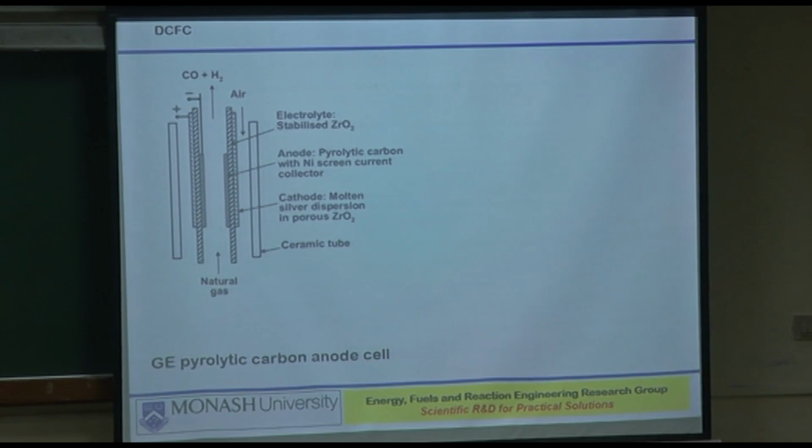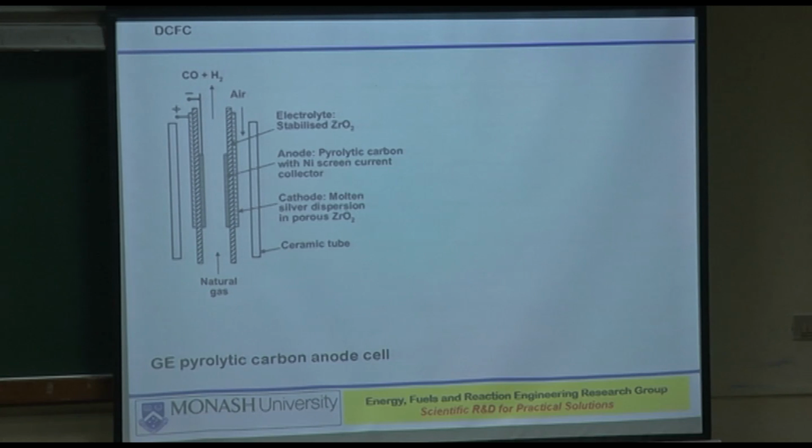Okay, and then this is the one design from GE. So this is a strong player. There is the pyrolytic carbon anode cell. Here the carbon is the pyrolytic carbon. The char is the anode, and the electrolyte is stabilized zirconia, whether it is stabilized with yttrium, YSZ, or anything else, doesn't matter, but it is stabilized zirconia.